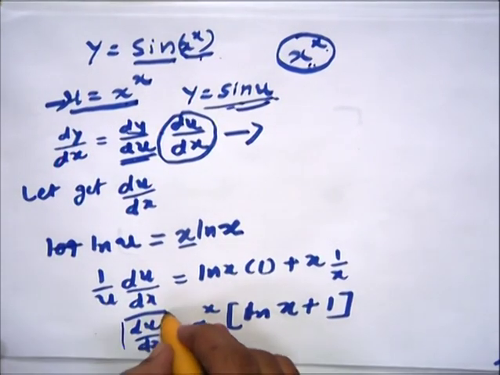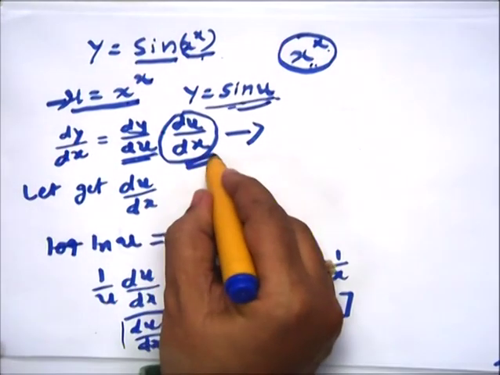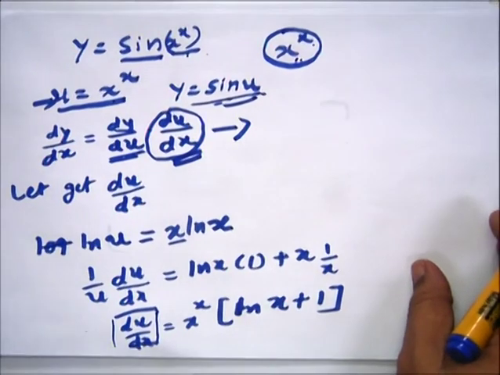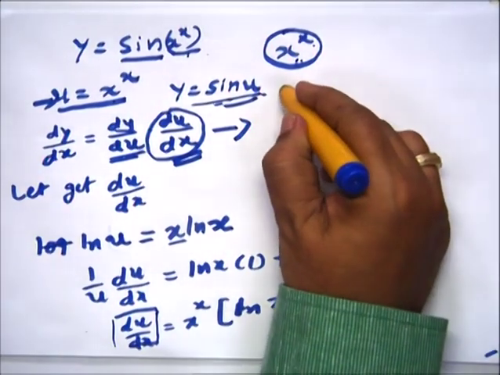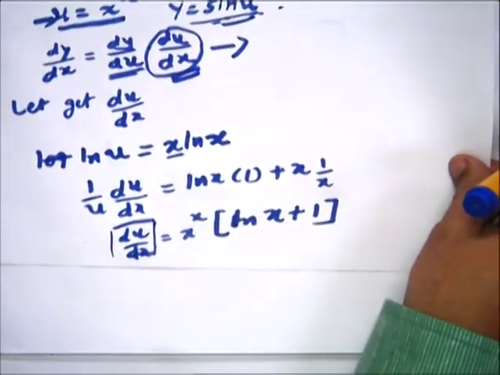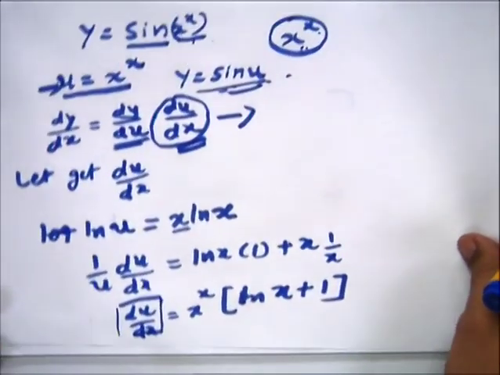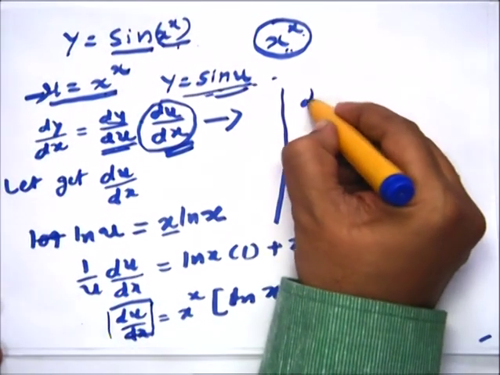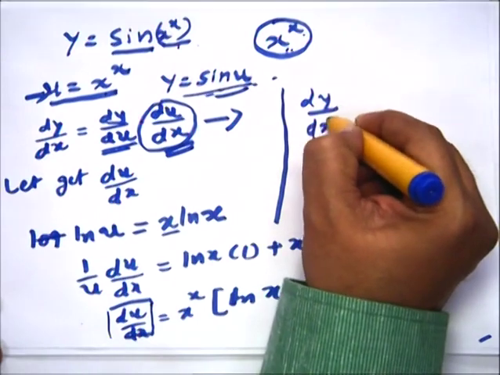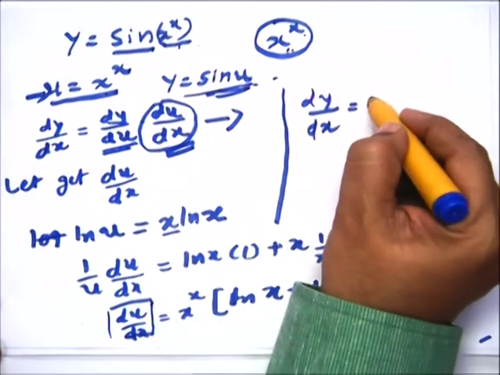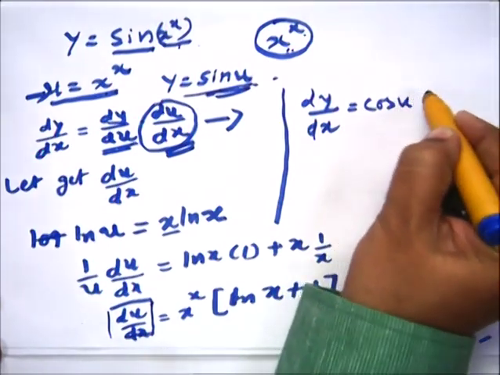This value we can substitute here in order to get the derivative of y with respect to x. So dy by dx is equal to dy by du. dy by du is cos u because y is sin u.